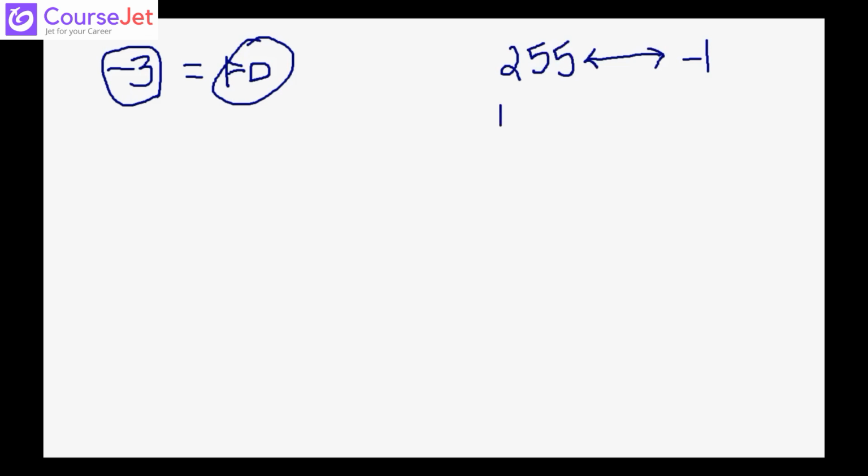When you take the 8-bit 2's complement or 1's complement, you will get -1, -2, -3; 255 is equivalent to -1. In this way you will determine the value which you have to load in the timer.